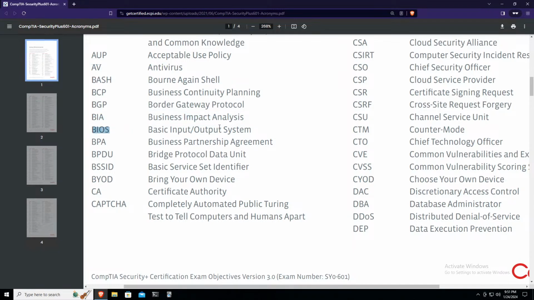BIOS, basic input output system. Every system has a BIOS, however you want to pronounce it. It's a configuration area in a system where you can set up things like boot order. You can change settings on your CPU, including things like hyperthreading, enable Wake on LAN or PXE boot off the network.